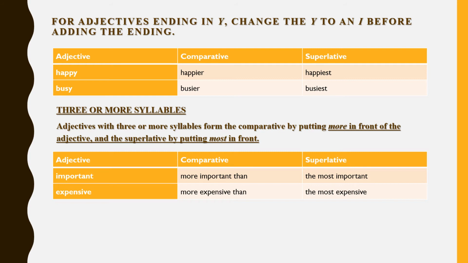The other forms here: three or more syllables. Okay? Adjectives with three or more syllables form the comparative by putting more in front of the adjective, and the superlative by putting most in front.